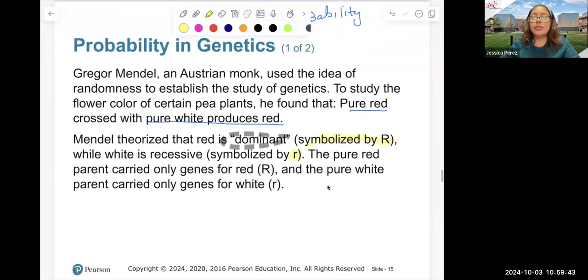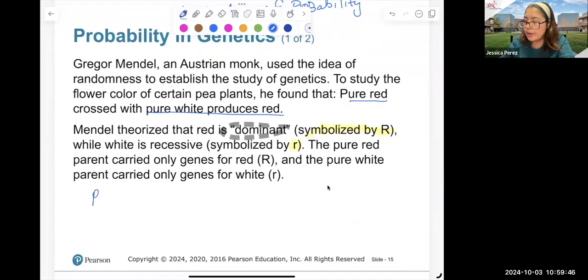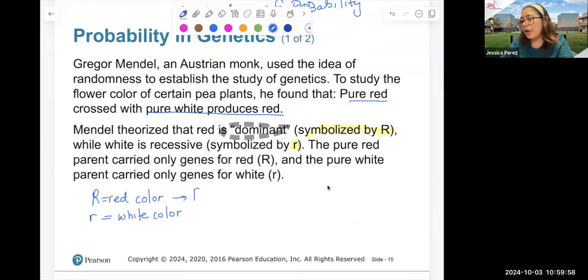So we're going to have a representation: big R represents the red color, little r represents the white color. We know that big R is the dominant gene, because when the pure red crosses with the pure white, it produces a red. So that means red is the dominant. Hopefully we learned that back in our first biology class when we were talking about recessive and dominant genes.